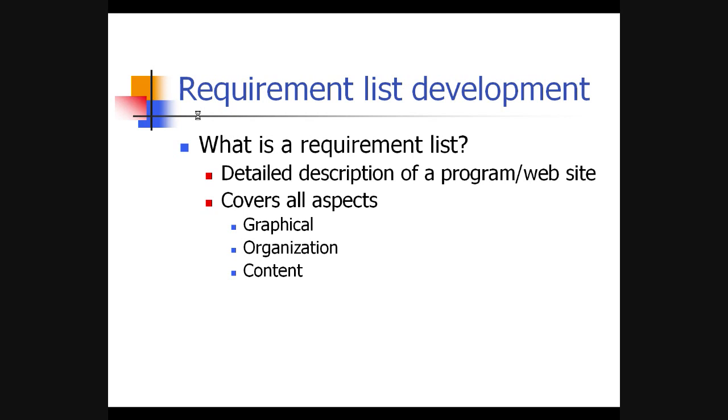Same thing in a program, where the content is really all the functions, all the things that will be in the program. Should you also have a database of all the cities of the United States, for example, already included in the program at the beginning or not? Or will they enter their own city each time they create a new address? All these kind of details have to be in the requirement list.